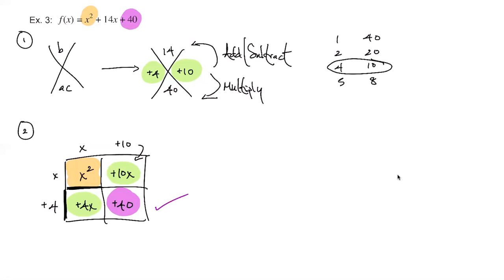And it is, so we have factored correctly. And we can say that x squared plus 14x plus 40 is the same as x plus 10 times x plus 4. Remember, you could also write that as x plus 4 times x plus 10.